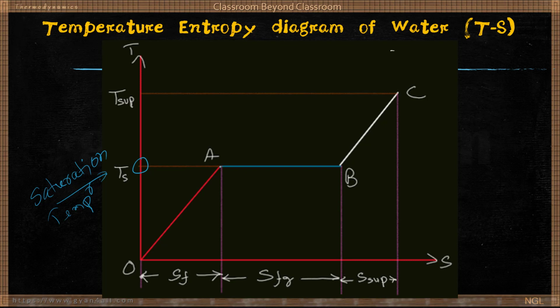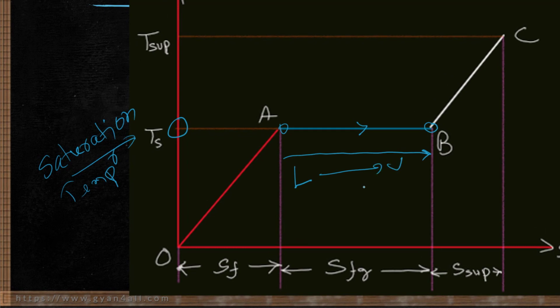Okay, and from A to B it will go on at the same temperature TS, and while going from A to B, when we continue our heat addition, then the liquid will become vapor. So this region is liquid plus vapor, and this region is only liquid, but temperature increases. And liquid plus vapor region is a mixture of water and steam.